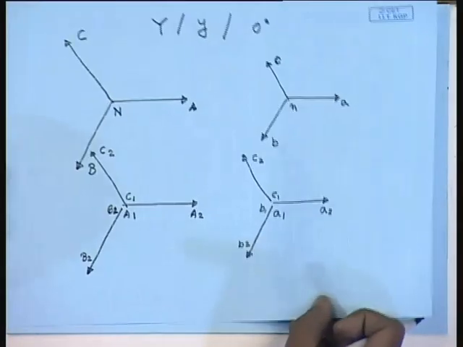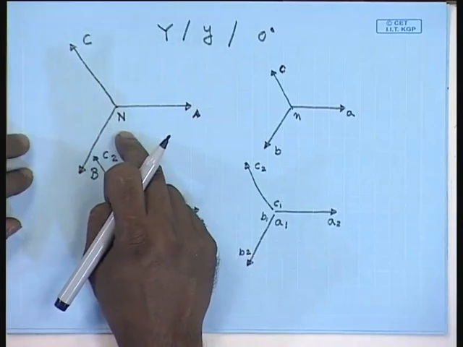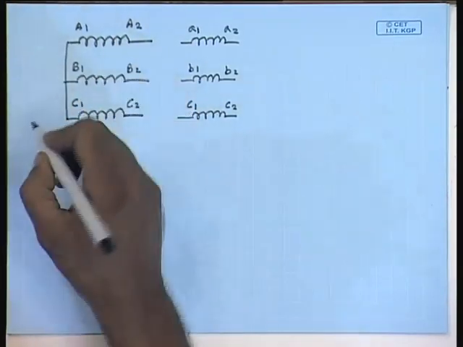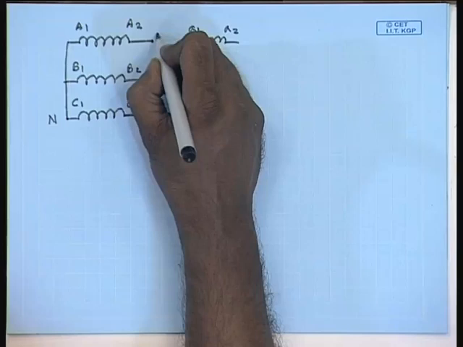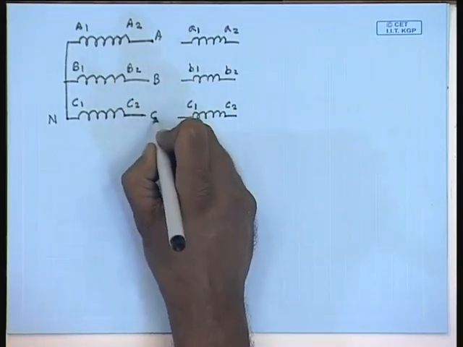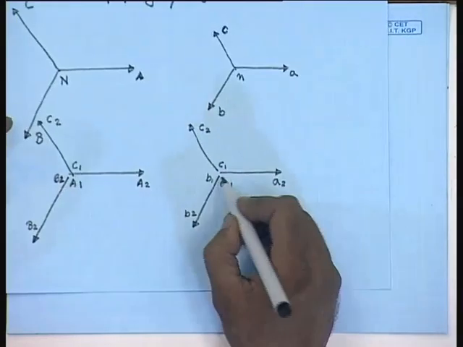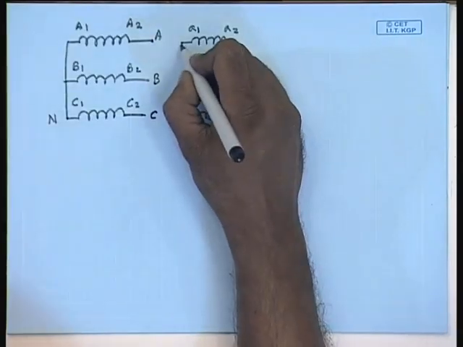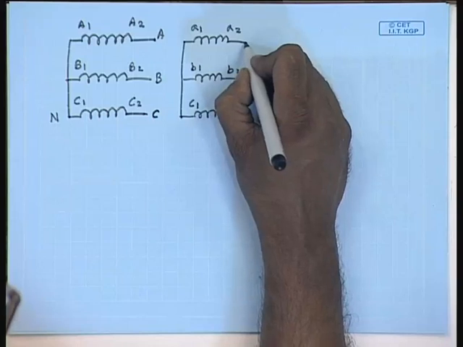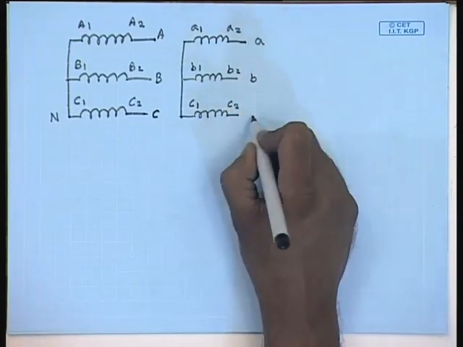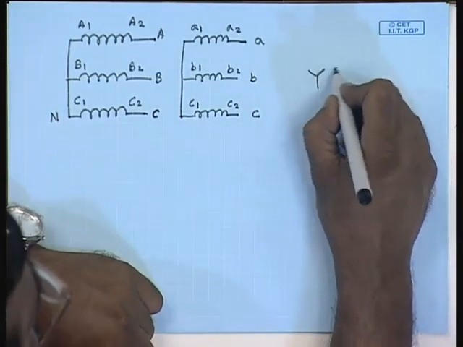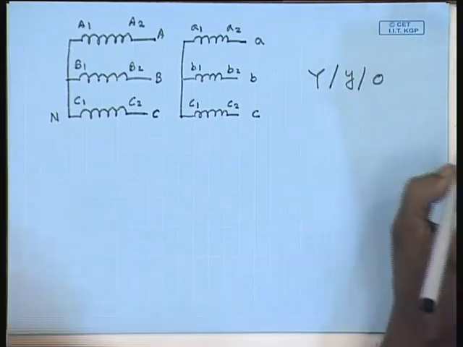Then from this phasor diagram we can see that the high voltage neutral is formed by joining capital A1, capital B1 and capital C1. So, this will be the neutral point N, this will be line A, this will be line B, this will be line connected to line C. Similarly, on the low voltage side the neutral is formed by connecting terminals small a1, small b1 and small c1, and the lines are obtained from the other side. So, this is A, this is B, this is C. So, this is what the connection Y 0 will look like.